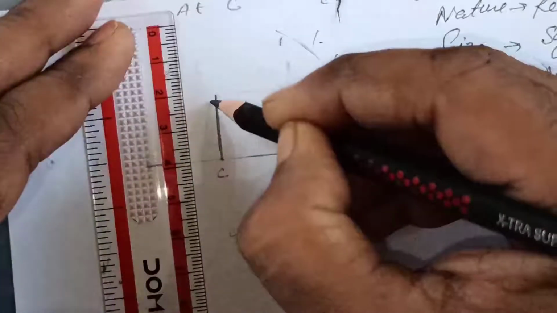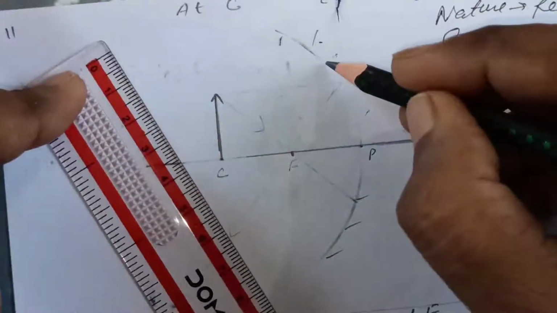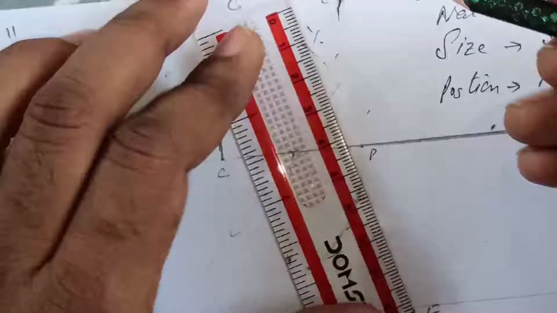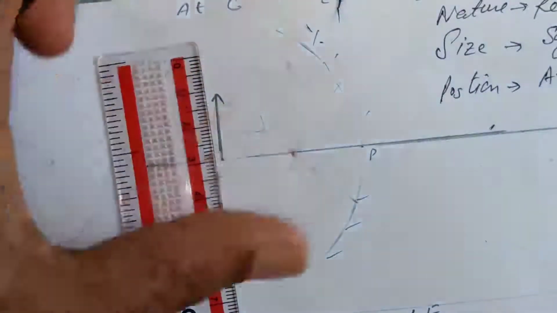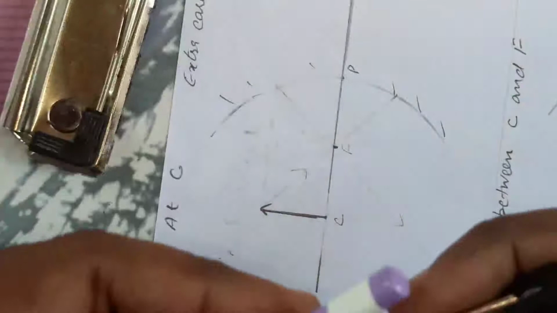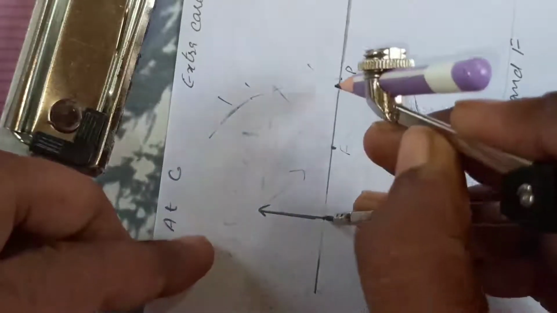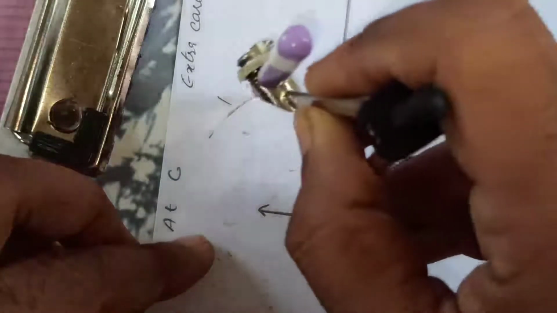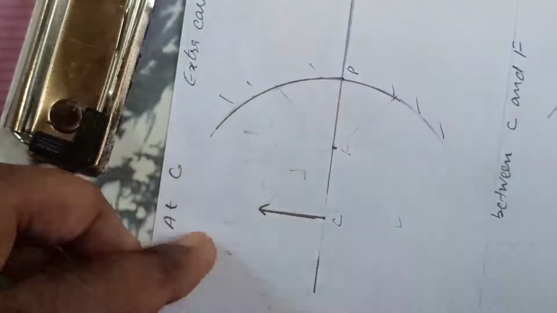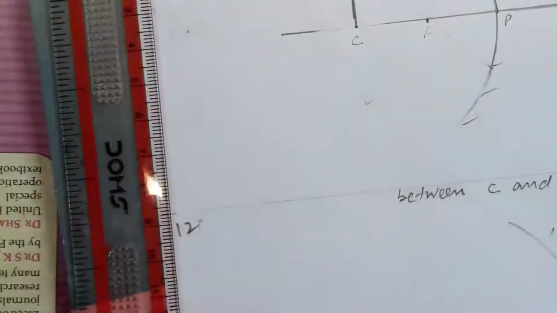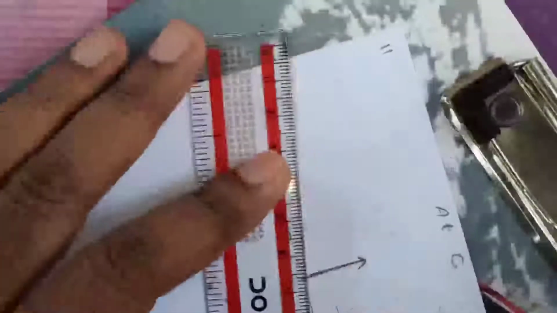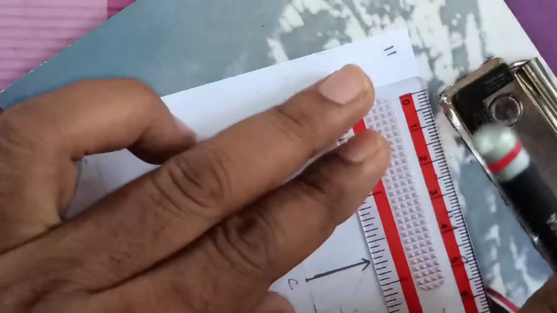Now this is the object, and I'm just completing this with the help of a compass. I can complete this again, right? Now again I will try to make an exactly parallel ray.